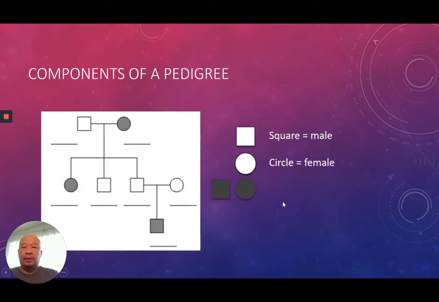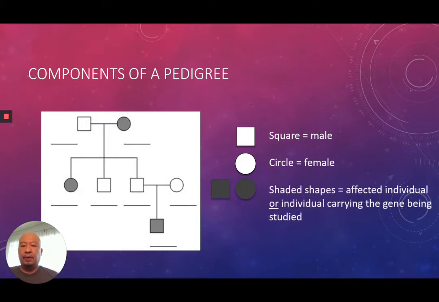Now, the ones that are filled in, these are the ones that we are interested in. The shaded shapes are basically there to symbolize people that are carrying the gene that we want to study. So if I wanted to look at people with brown eye color, if that's my goal, every shaded individual represents someone who would have brown eye color.